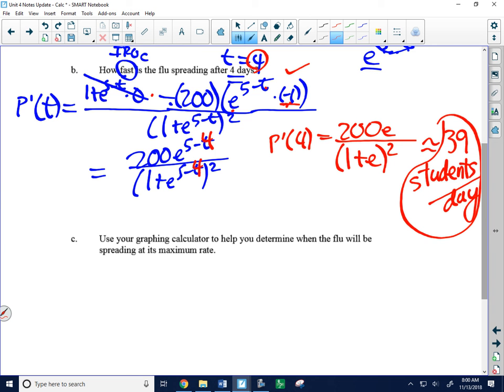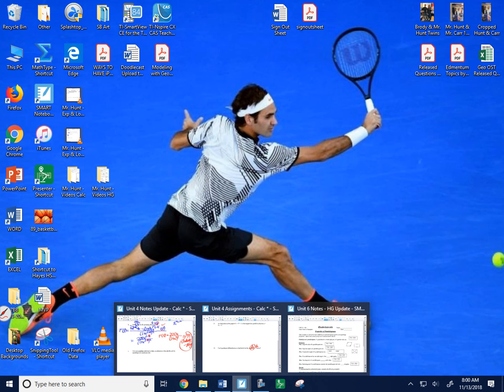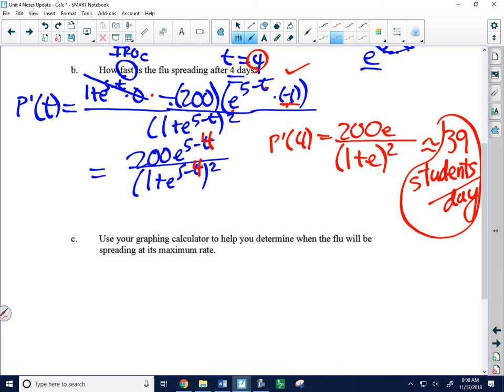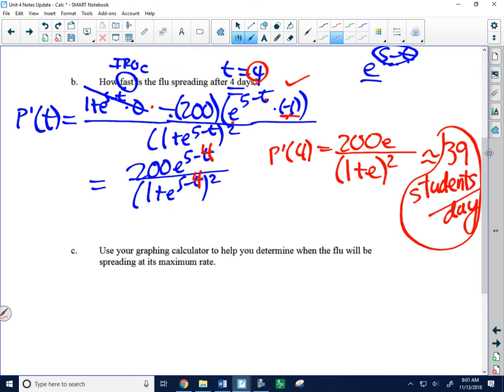So on part C, when will the flu be spreading at its maximum rate? Let's discuss it first, and we'll definitely need a calculator in this one. We're basically finding the rate, how fast it's spreading, so we're trying to find when that is at a maximum.